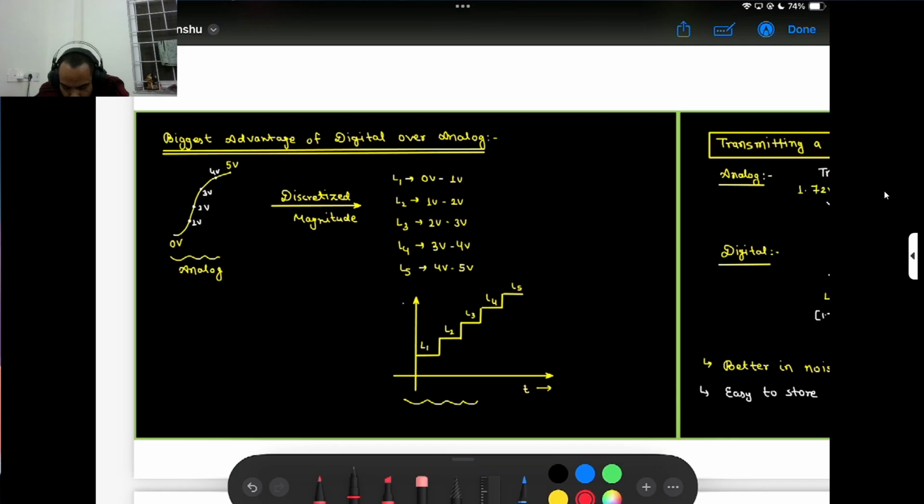Now, the biggest advantage of digital over analog. Digital is discretized in magnitude. So 0 or 1, 1 to 2, 3 to 3, like you can see here, 1, 2, like that way. Only the digital signal flows with respect to time.